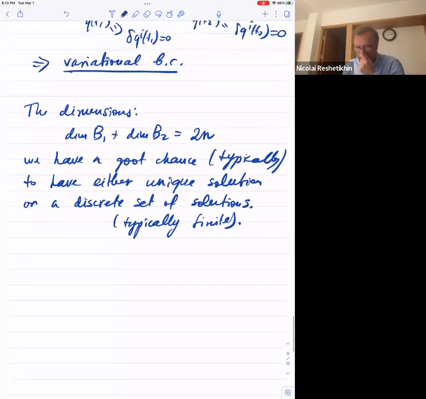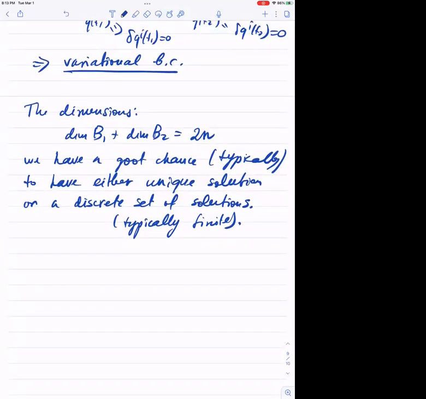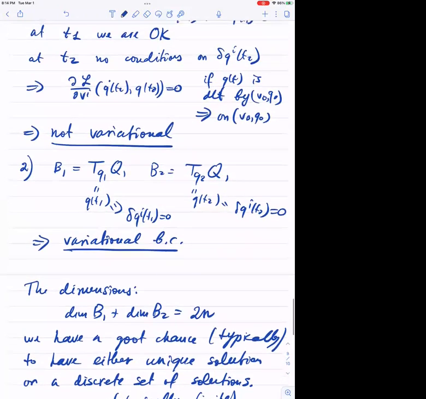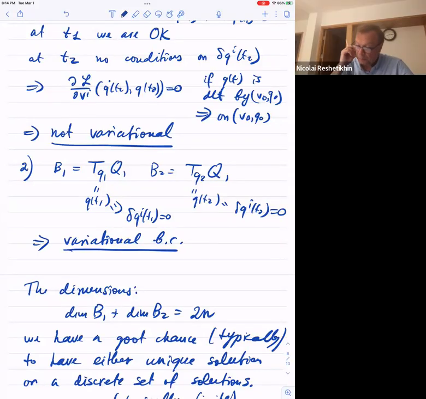By the way, I did have a question about the first case when you didn't have a variational boundary condition. So is there a reason why DL dv2 can't be 0, or are we just saying that it's not 0 in general? It can be 0.